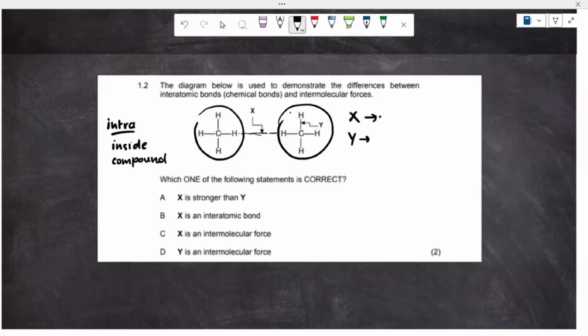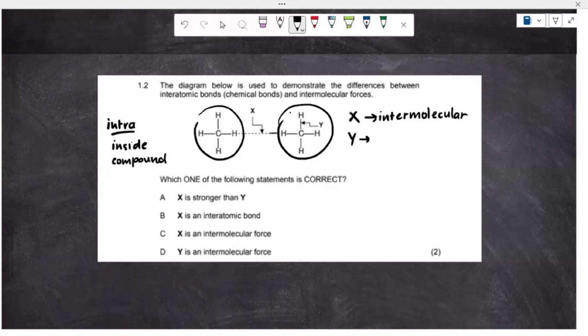Here you can see X is actually sitting between the compounds and the molecules, right? So X would be our inter, because it's sitting between the molecules and it will tell us the forces between them.